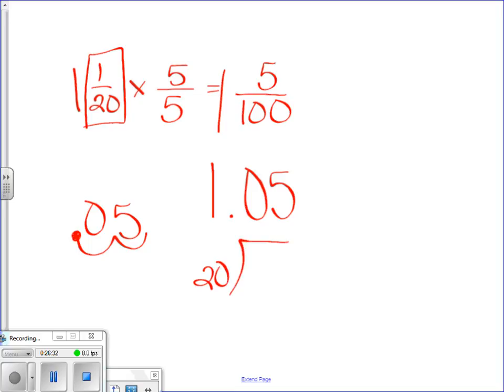20 into 1. 20 can't go into 1. 20 can't go into 10. 20 can go into 100 5 times. And where's the one? That's only 500. So how are we supposed to have that one bit?